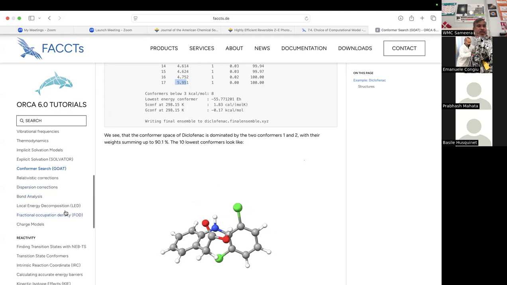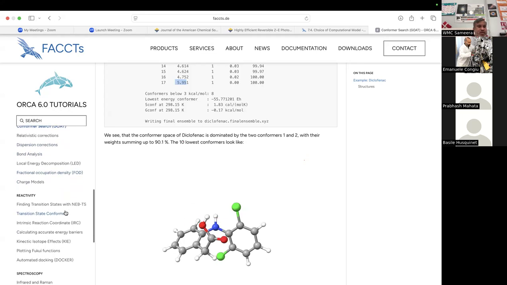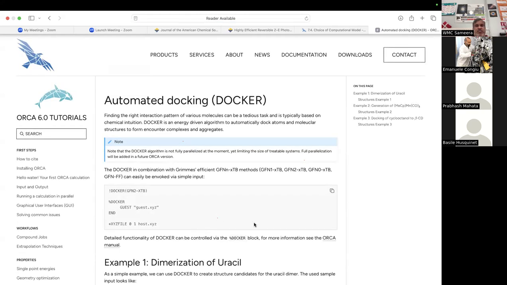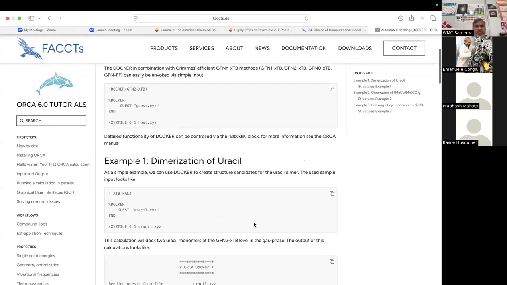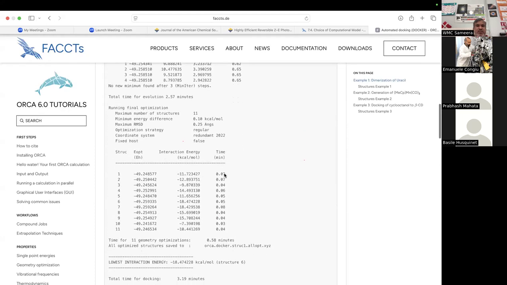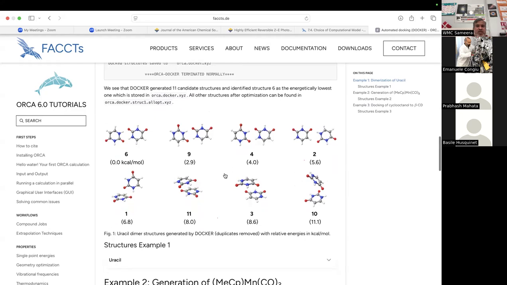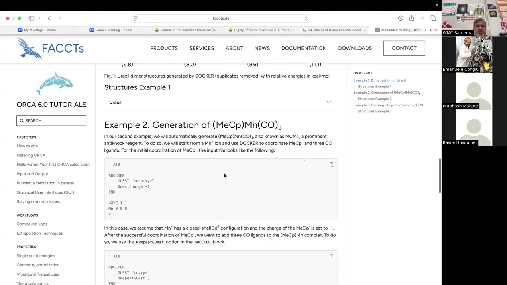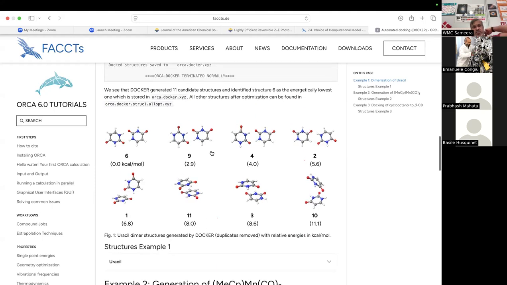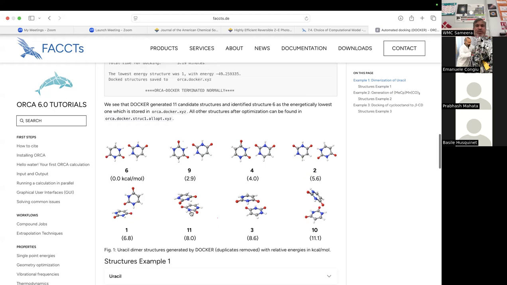Another interesting approach, maybe, let me see, automated docking. You can do some docking calculations using XTB level of theory. So these dockings can be done for relatively smaller to large molecular systems, and you can get different possible docking structures, and then you can get the relative energy of them. So it's very nice.